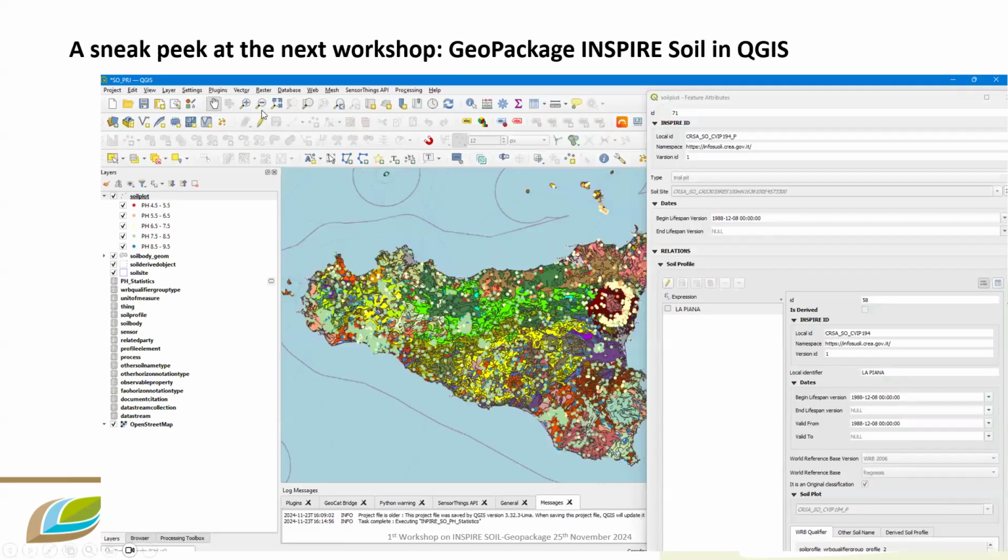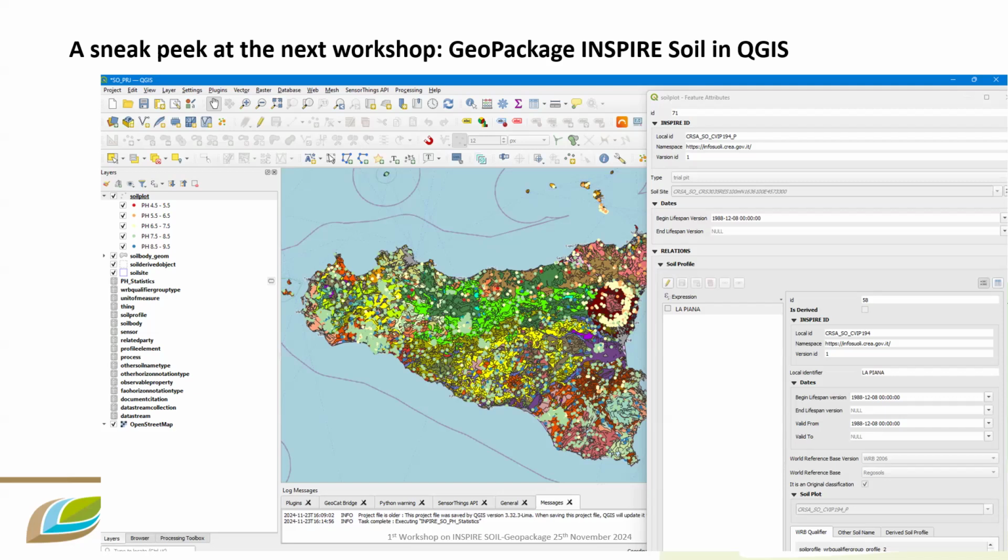Just a sneak peek at the next workshop, we will see, for example, how the GeoPackage we have produced displays in QGIS, how we have categorized it, which are the tables, and so on. This is a screenshot, an example for Sicily. Yes, it's really an example. We have uploaded a dataset that we own at CREA just to use the template in practical terms.